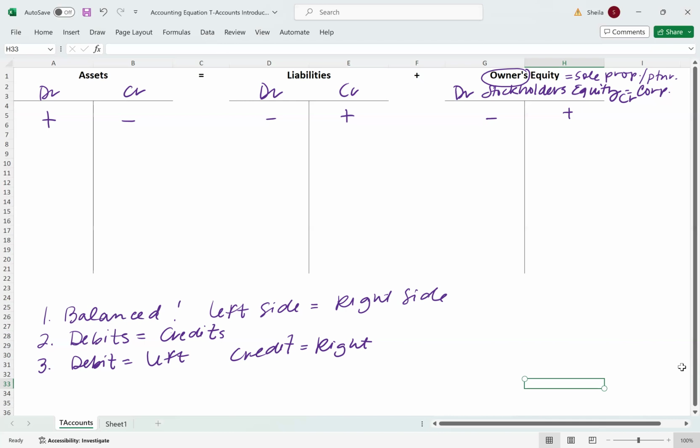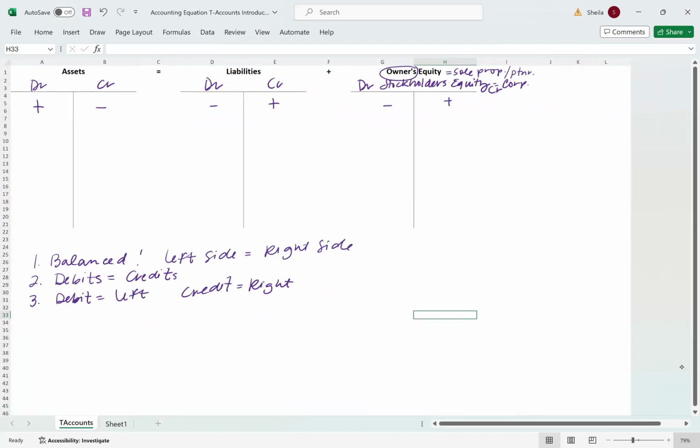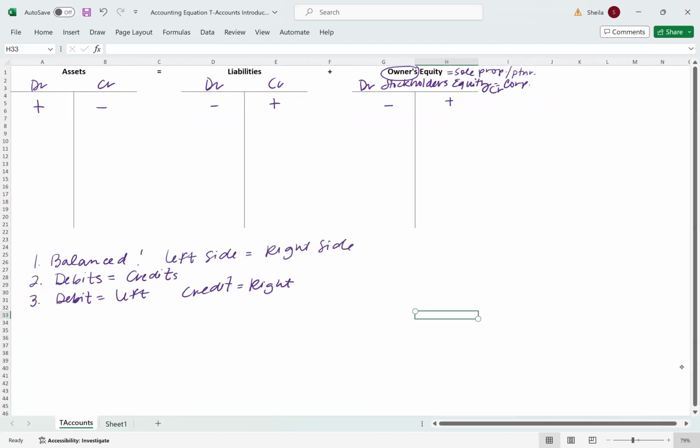Now, one little note I want to throw in here for you. When we look at equity, stockholders' equity, owner's equity, I want you to keep in mind that equity is going to contain our revenues and our expenses. Revenue is an equity, and revenue is also increased with a credit, decreased by a debit.